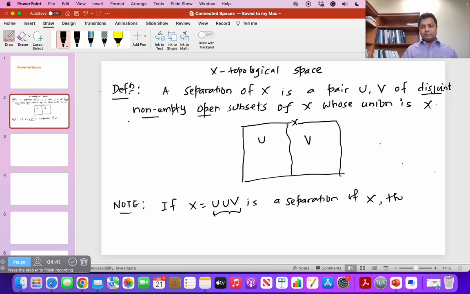Then the first property: if U and V form a separation of X, then neither U nor V contains a limit point of the other set. That means U does not contain any limit point of V, and also V does not contain any limit point of U. And that is obvious.